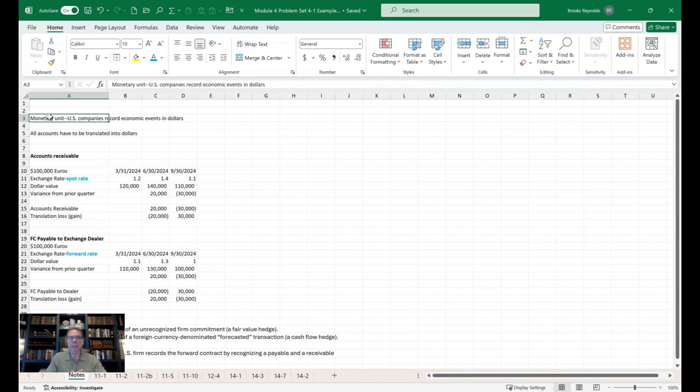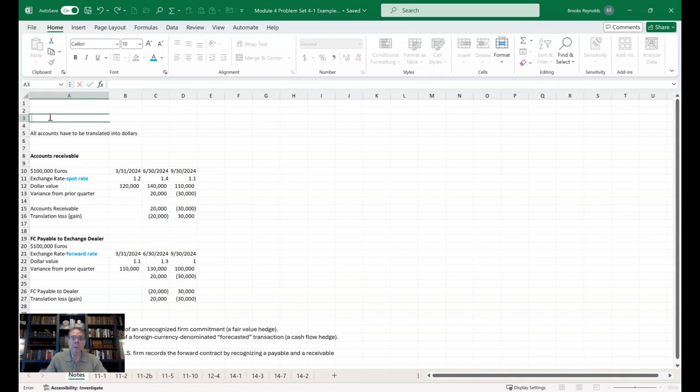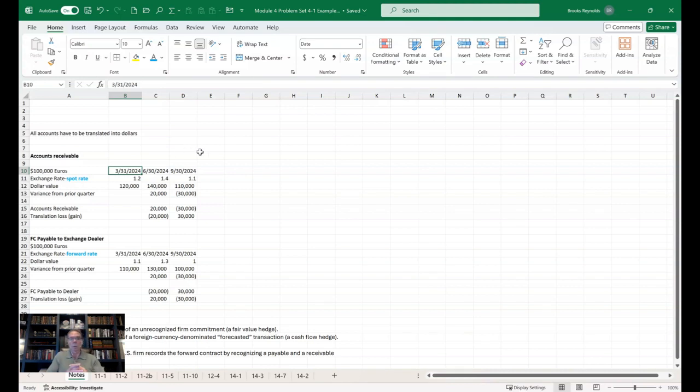Now, if you have an asset and it is designated in a foreign currency, then although the foreign currency amount may not change, because the exchange rate changes every day, your asset or liability value changes. So here's an example of accounts receivable. Let's say that you are owed 100,000 euros that are going to be paid by the end of the year.